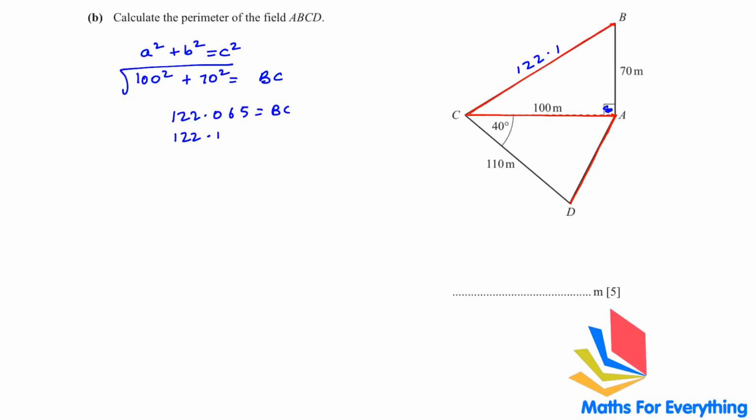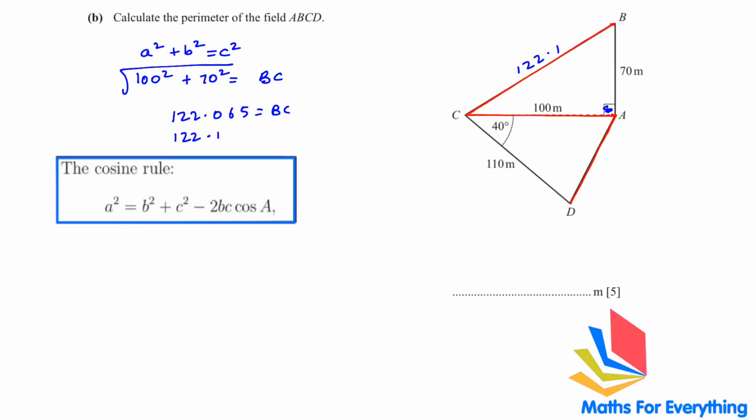Now to find AD. Whenever you have a triangle and it's not a right angle triangle and two sides and an angle has been given to you, and you want to find the third side, we use the cosine rule. This is our cosine rule. A is the side we need to find, in this case, which is 80.